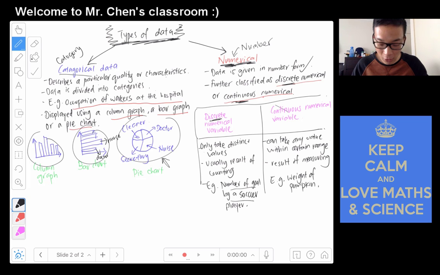The continuous, on the other hand, is any value within a range. Okay, so you can have 1.1, 1.2, 1.25, 1.8. It's a result of measuring. Okay, one is the result of counting, the other one is the result of measuring.